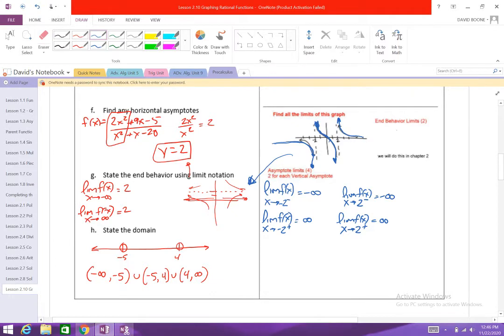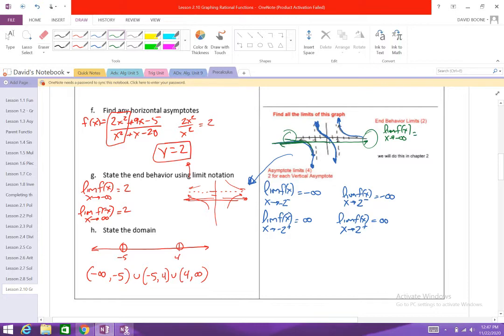For the end behavior, we'll look at what's happening out here and out here as the x's go out to infinity or the x's go out to -infinity. So that's where we say the limit of our function as x approaches -infinity. As I go this way, what's the graph doing?